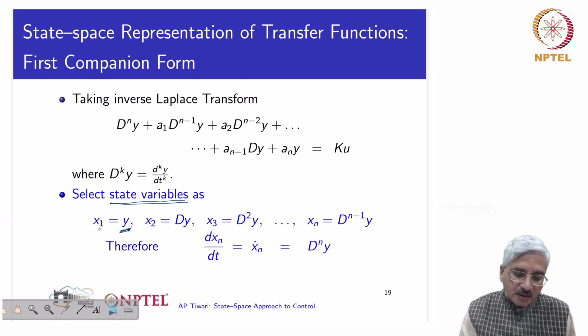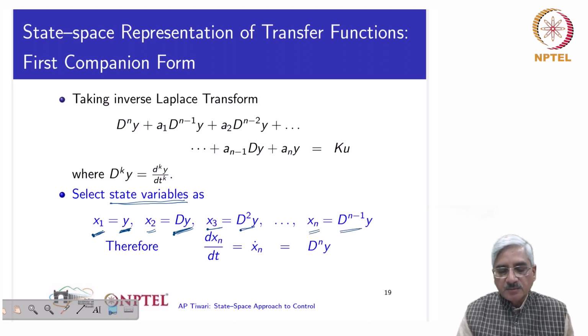The output is selected as the first state variable, and the next derivatives are considered as the next state variables. So the first state variable is taken as the output itself, the first derivative of y is taken as x2, the second derivative of y is taken as the third state x3, and so on. Likewise, the (n-1)th derivative of y is taken as the nth state variable.